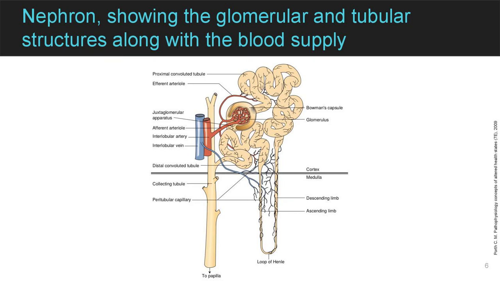To understand this, we have to know that glomerulus gets blood from the artery here, colored red, and afferent arteriole enters the glomerulus.